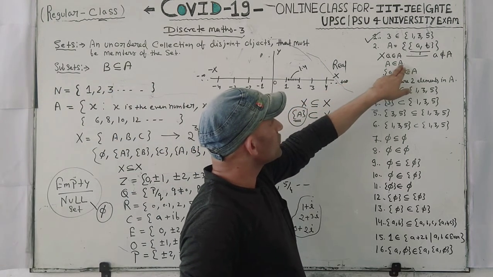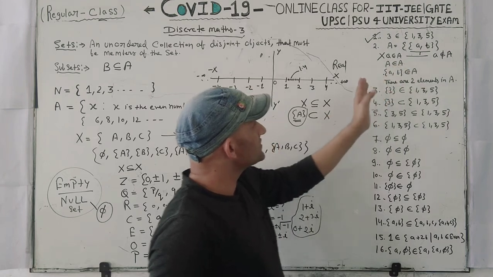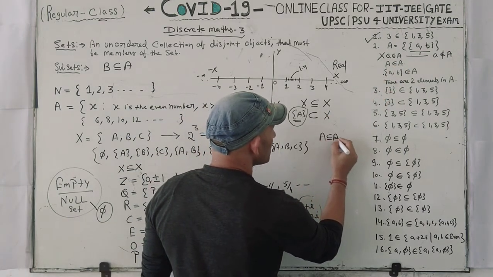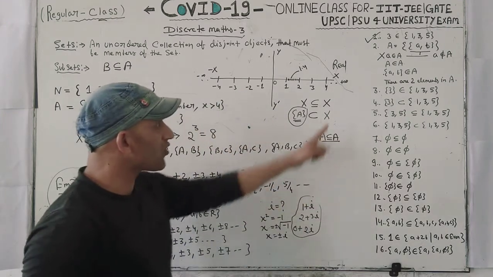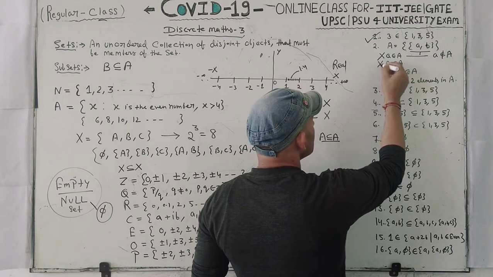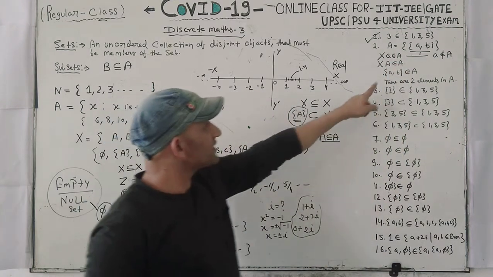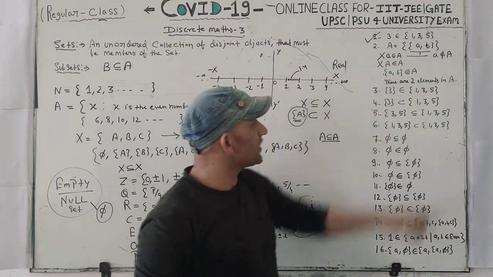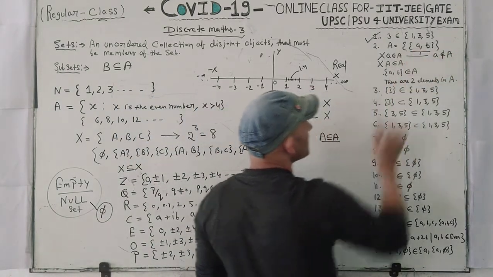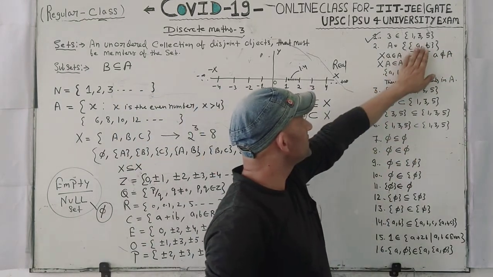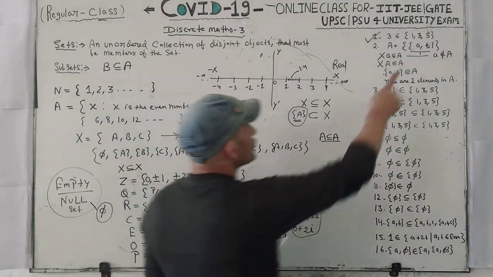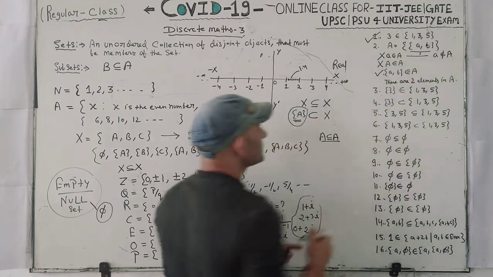This is not belonging to A. You can say A is a subset of A, you can write that, but you cannot write A belonging to A. That is also incorrect. Now he is asking whether {a, b} belongs to A. Yes. In this set you have one element, that is {a, b}, and it belongs to A. So this is your correct answer.